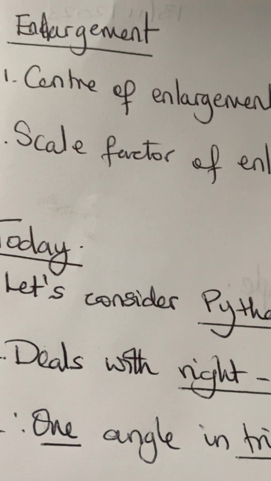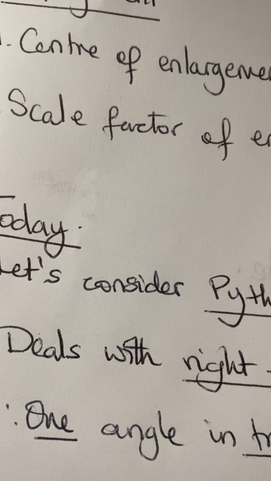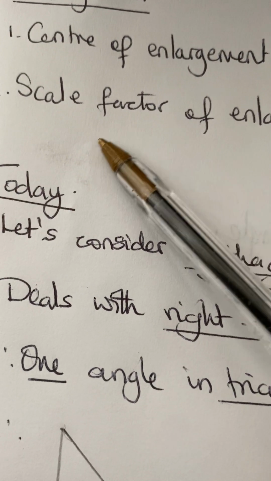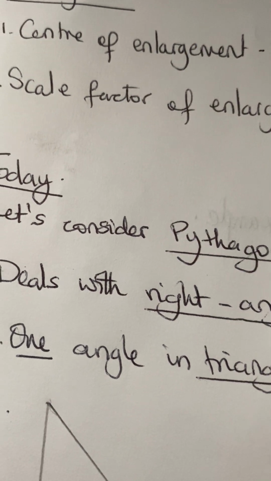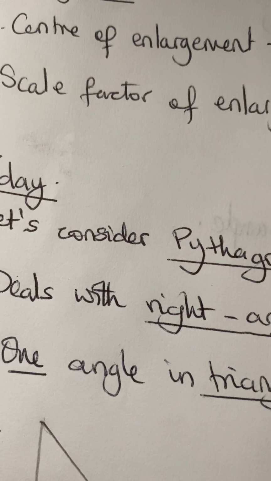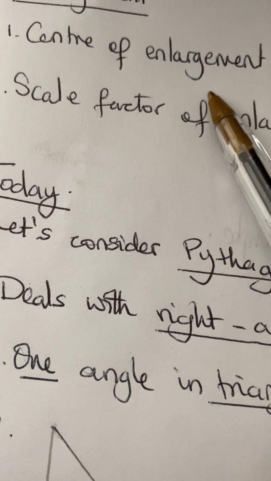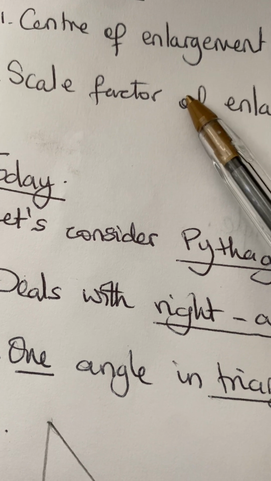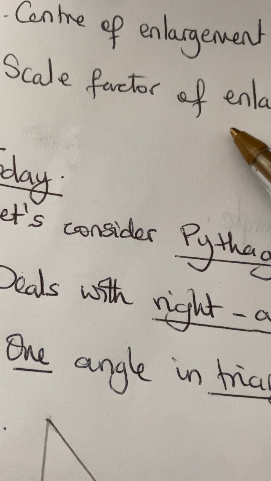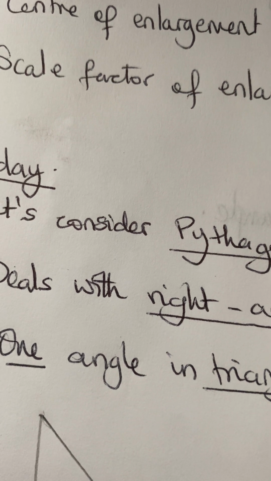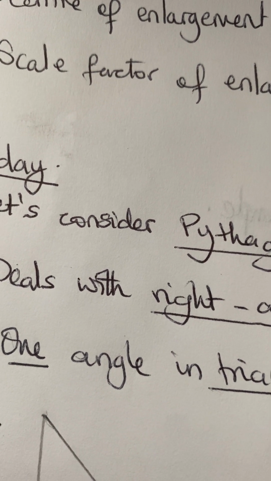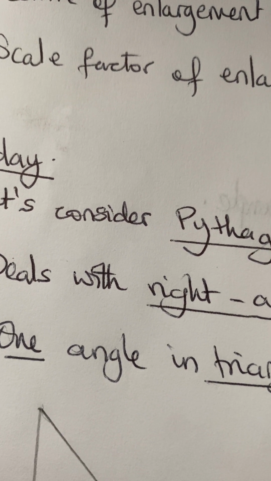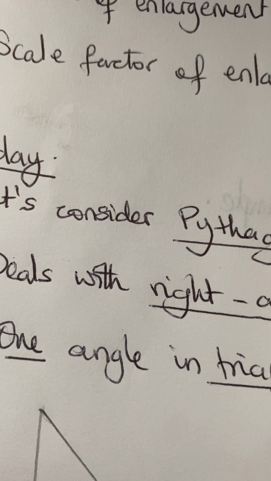We talked about enlargement. That was the one we did in the last video, and we said you will have a center of enlargement, and you normally use a scale factor. Okay, so for instance, if they give you a square and they ask you to enlarge it with a scale factor of 2, it just means double the size. If they ask you to enlarge it with a scale factor of half, it just means reduce the size.